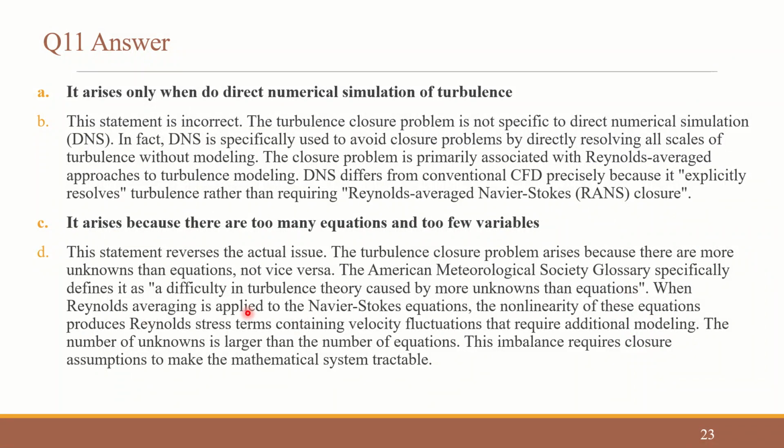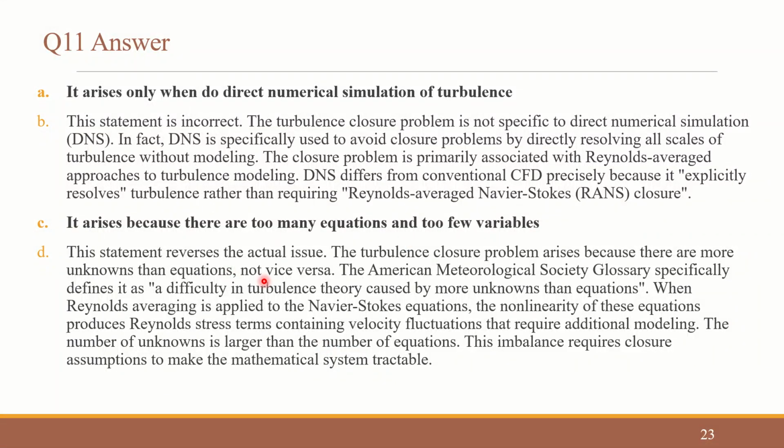When Reynolds averaging is applied to the Navier-Stokes equations, the nonlinearity of these equations produces Reynolds stress terms containing velocity fluctuations that require additional modeling. The number of unknowns is larger than the number of equations. This imbalance requires closure assumptions to make the mathematical system tractable.